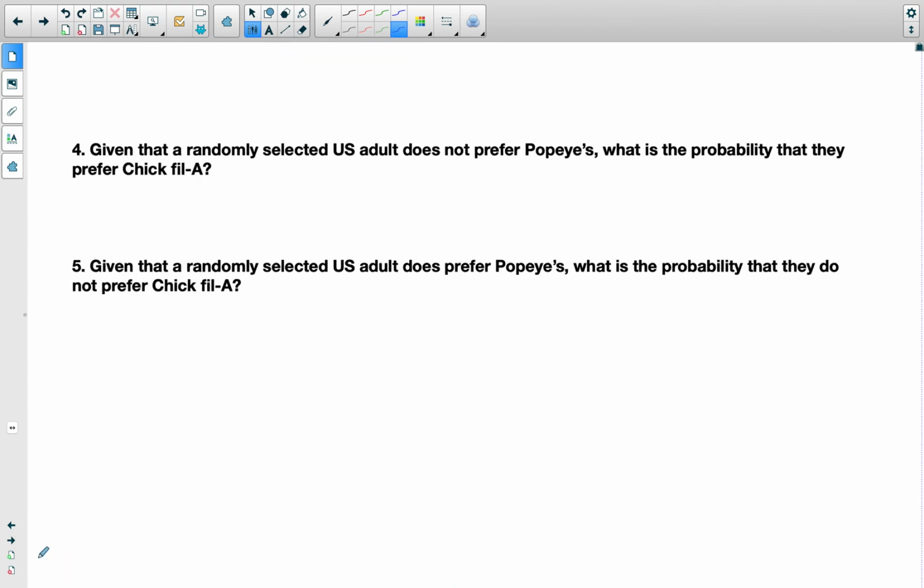Do some conditional ones. Given that a randomly selected U.S. adult does not prefer Popeyes, what is the probability that they prefer Chick-fil-A? All right, again, it's the probability of both, so C and P prime, over the probability of your condition, which is P prime.